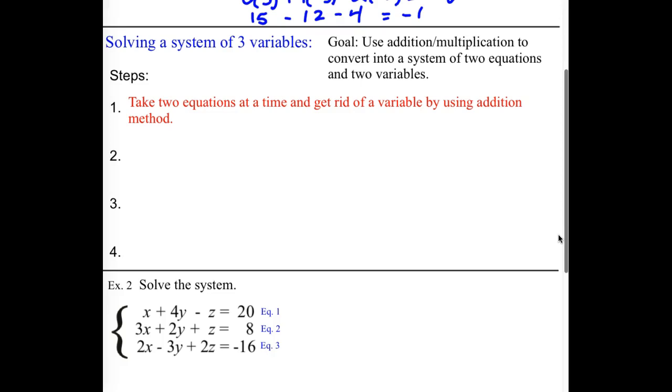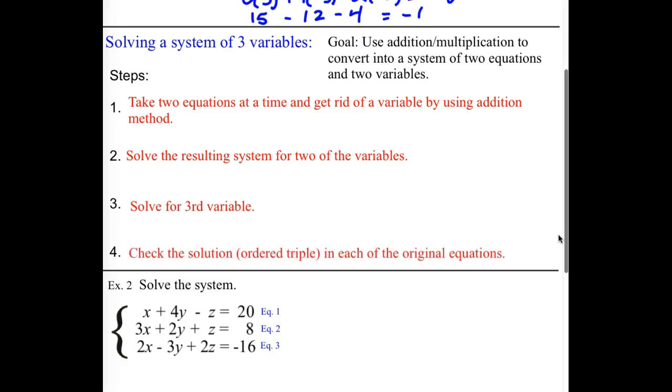I'm going to go ahead through all the steps, and then I'll pause the recording so you can write them down. Second step would be to solve that system of 2 variables, 2 equations. Then we'll solve for the variable that we eliminated originally, that third variable, and then we will check our solution. So I'll pause the recording, go ahead and write those down.